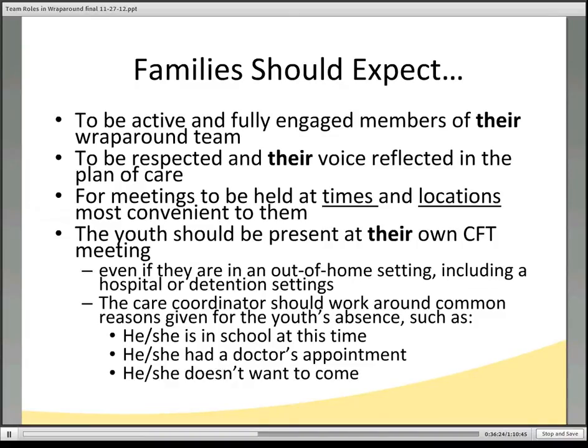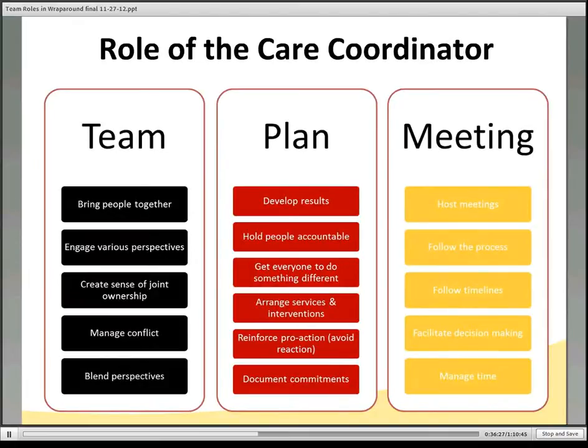So the role of the care coordinator or facilitator of this process, really in the beginning, is to get to know the family and understand their culture and traditions, their relationships, the strengths that they have as a family, and begin to identify needs and to listen to that story through the lens of that underlying need.